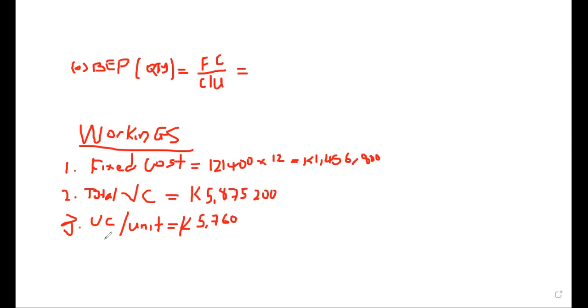The other working that we are going to use is to calculate the total sales revenue.